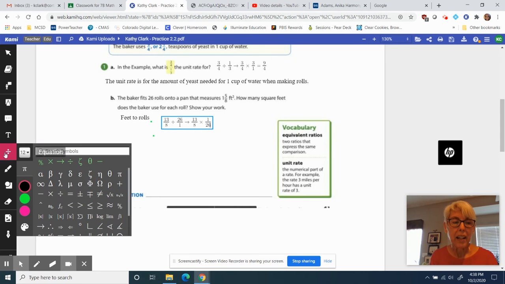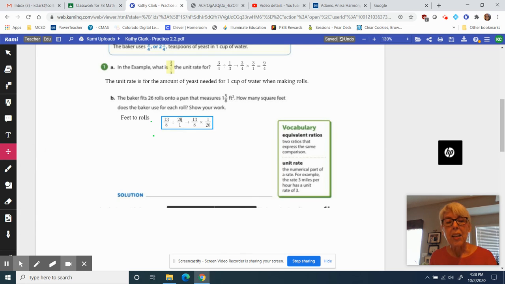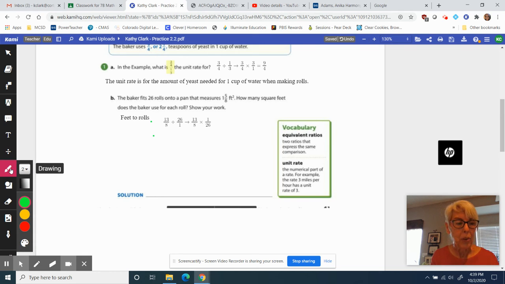Now we've got something kind of cool here. I know that 13 and 26 can both be divided by 13. So although I don't really like this tool, I'm going to grab this paint tool here, and I'm going to draw a little line here and draw a little line here.